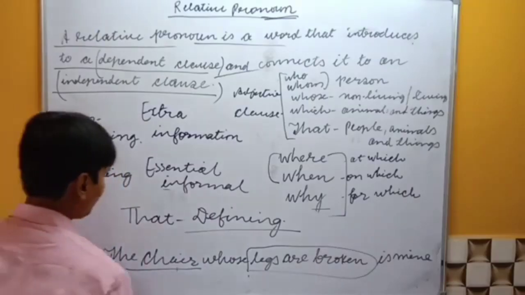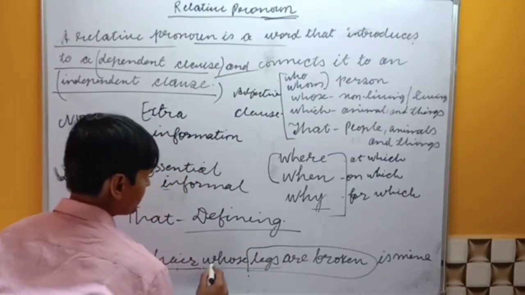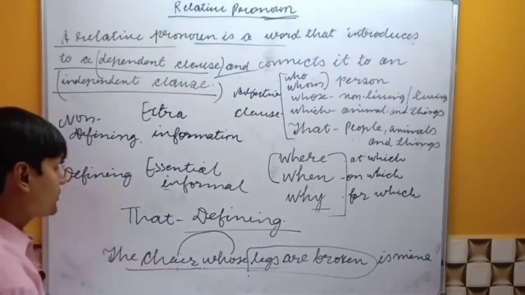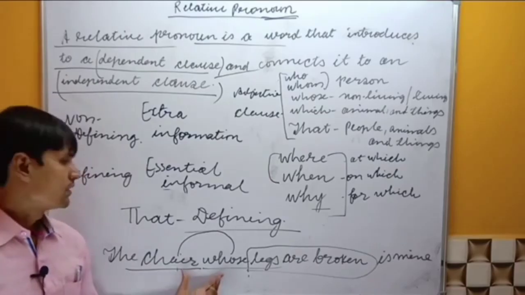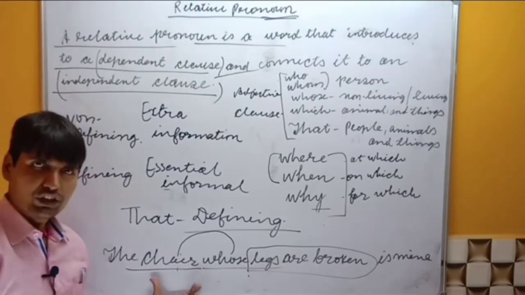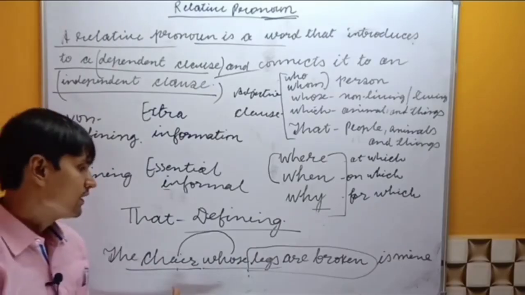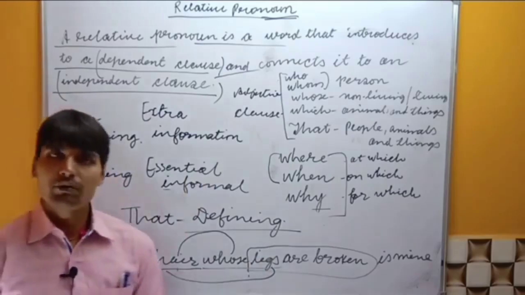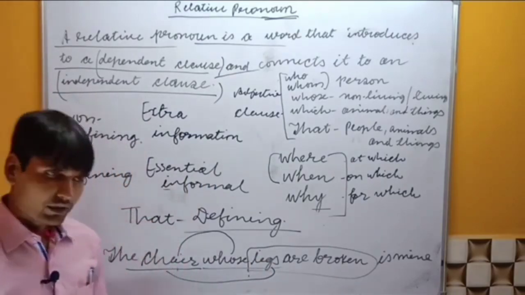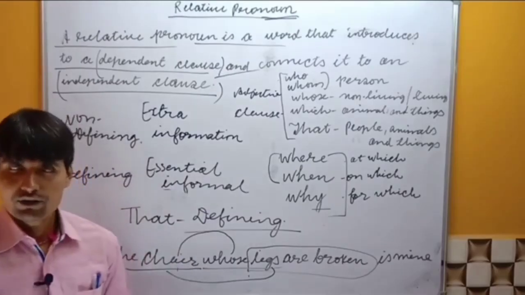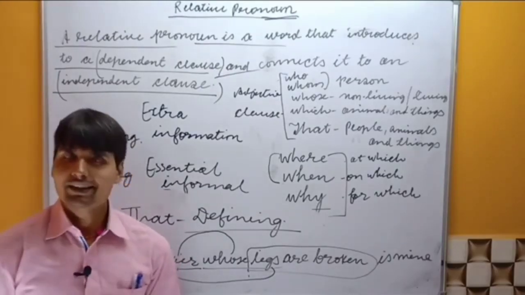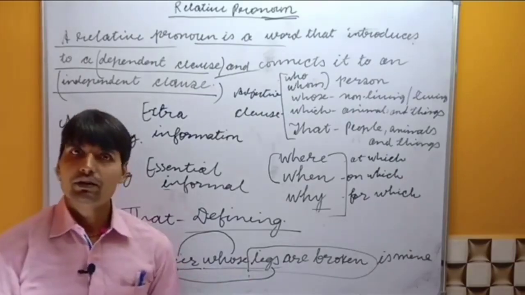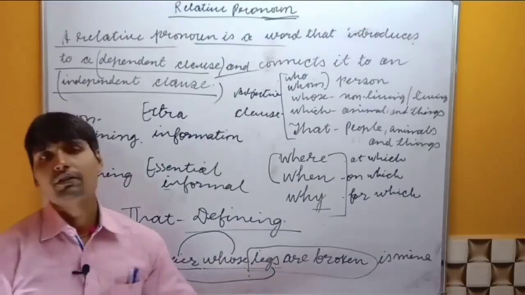Here "whose" has been used after looking at the chair, so the antecedent of "whose" is the chair. The chair is a non-living thing, and the legs have a relation, a possession, with the chair. Likewise, the legs of a person, of boys or girls, of dogs, cats, etc. also have possession. So the same sentence can be used in this way.